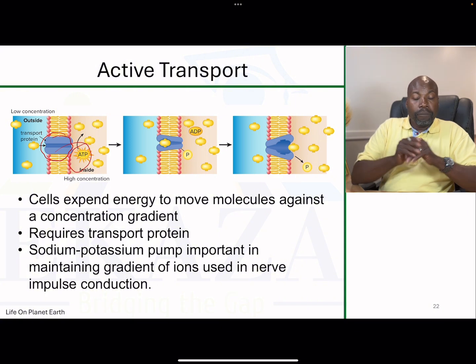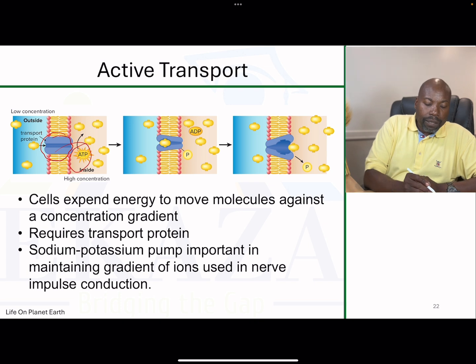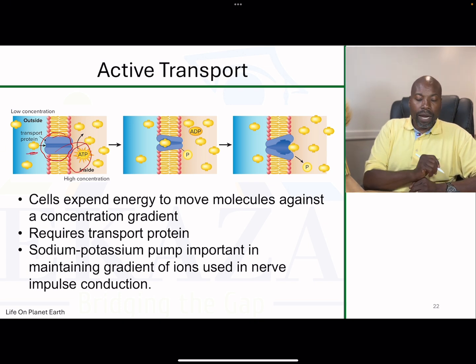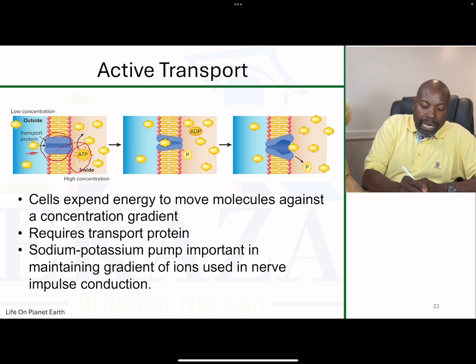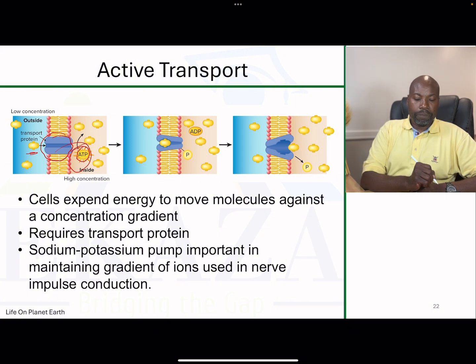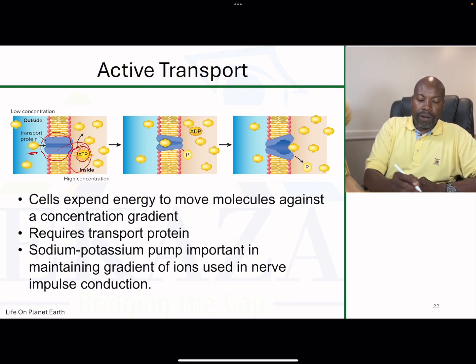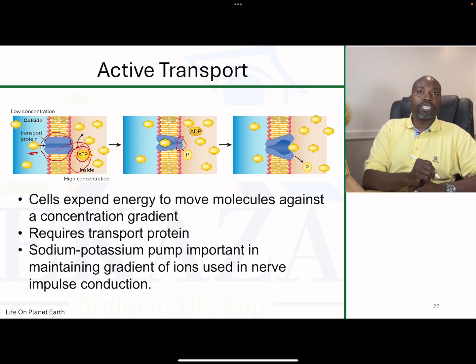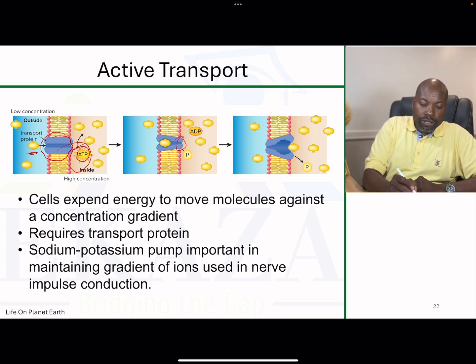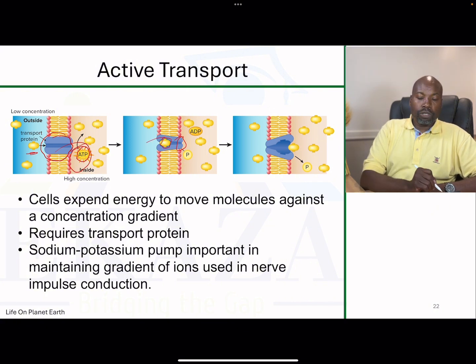And finally, this mode of transport can carry molecules against their gradient, right? When ATP is spent here, okay? Notice that the expense of ATP is going to cause a change in the conformation of the transporter, which actually matches now the ability of the solute to attach to the transporter.